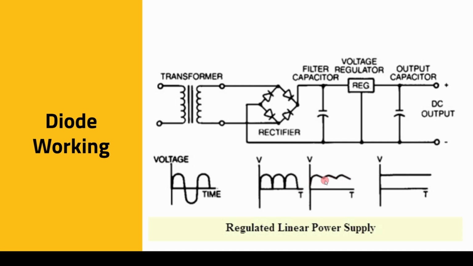This variation is not a lot and can be used for some simple electronics applications, but it's still not a perfect DC. There is a slight variation in every cycle as it charges and discharges over time.